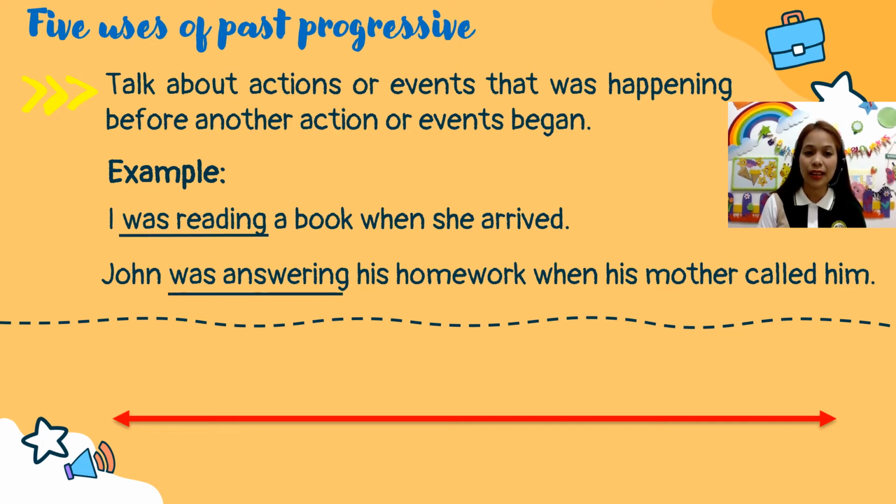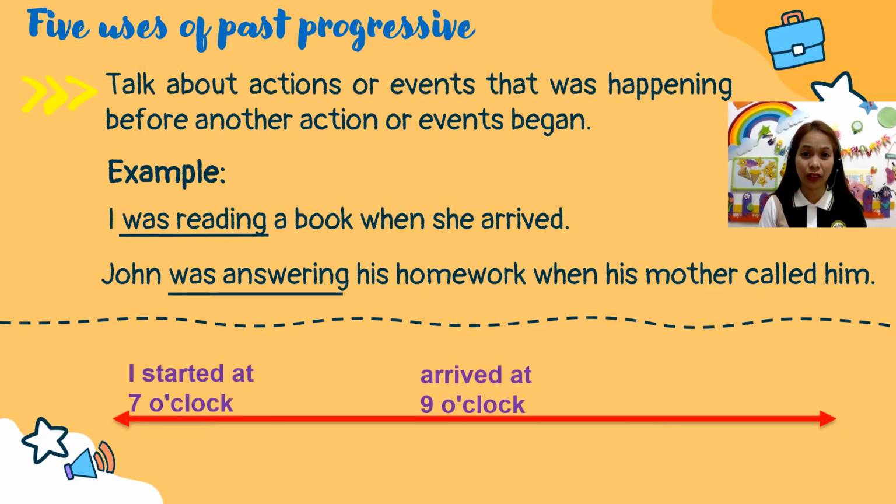Was reading and was answering are both past progressive tense. Okay? Perhaps the idea here is I started at 7 o'clock, then she arrived at 9 o'clock, and I finished at 10 o'clock. Okay?